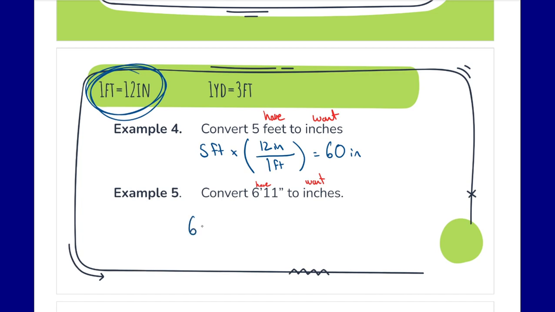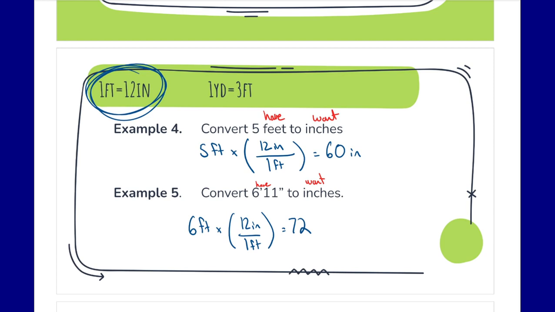So I'm going to take the 6 feet, multiply it by 12 inches, the units we want, divided by 1 foot, the units we have. Again, that's just coming from the unit rate. So 6 times 12 is 72.